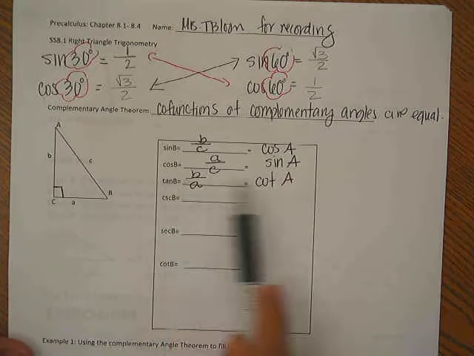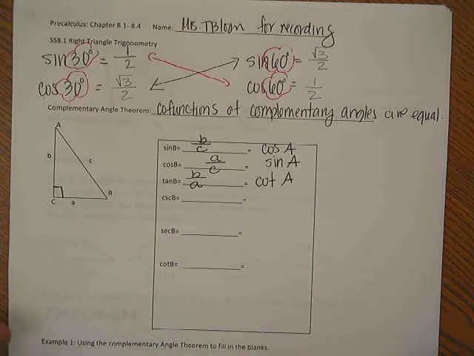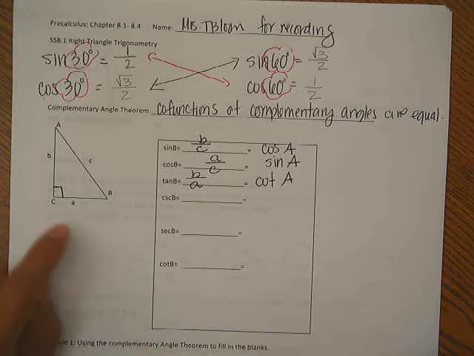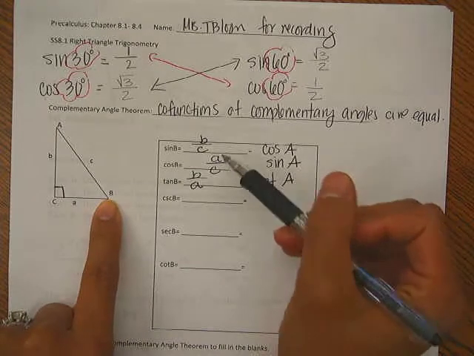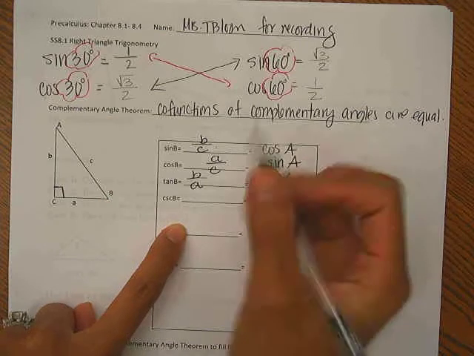Notice these relationships. Cosecant of B: cosecant is the reciprocal of sine, so I'm just going to flip it to C over B.